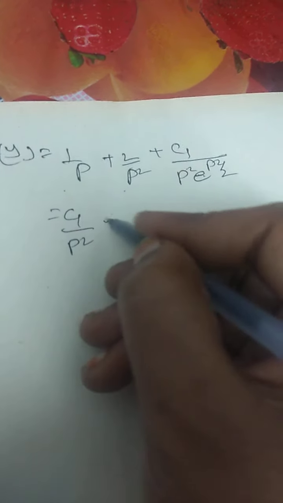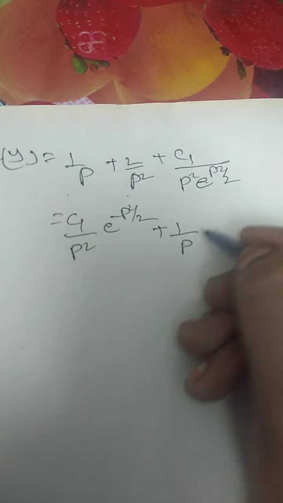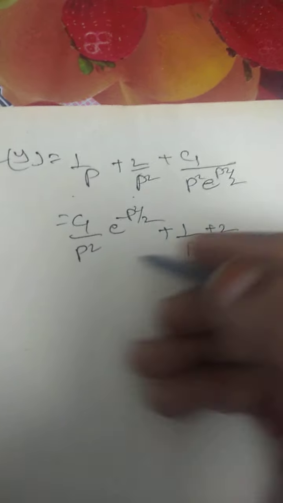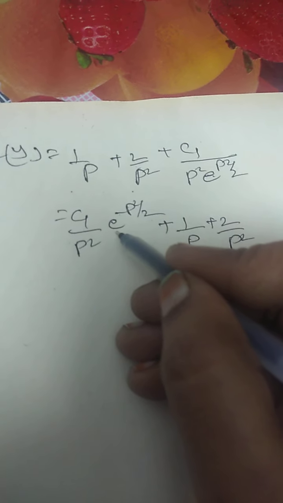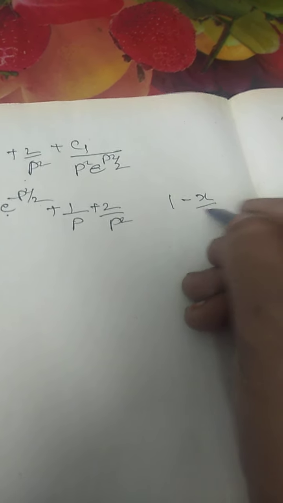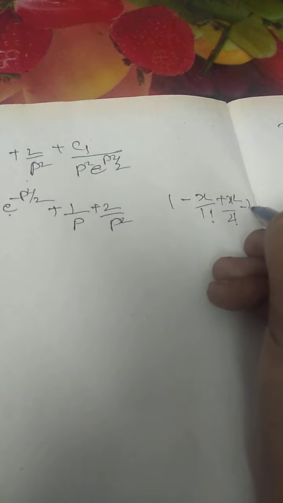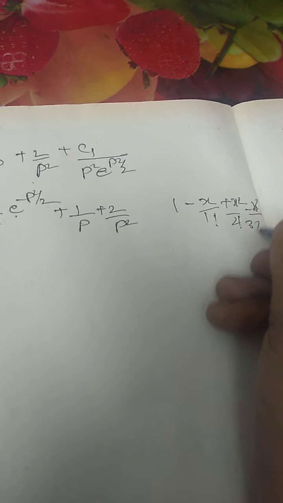So write here c1 by p square e power minus p square by 2 plus 1 by p plus 2 by p square. So expand the e power minus x term. E power minus x is 1 minus x by 1 factorial plus x square by 2 factorial minus x cube by 3 factorial, and so on.